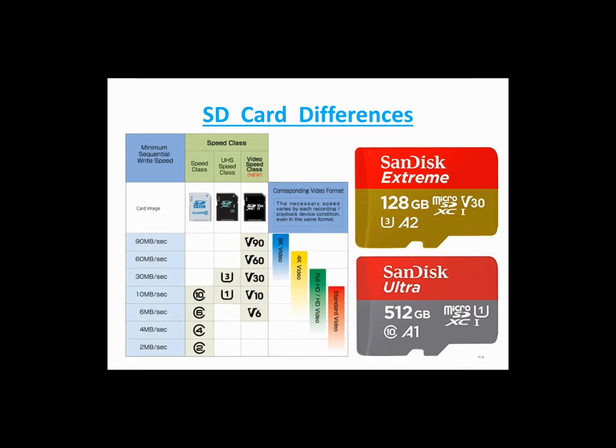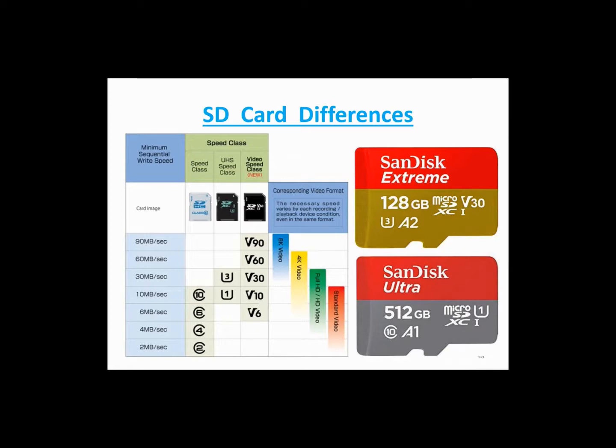The U3 is 30 megabits per second. But to the right of that, you'll see V6, V10, V30, V60, V90. Once again, the V90 is 90 megabits per second, which means if you ever got a card with a V90, its read-write speed is 90 megabits per second.